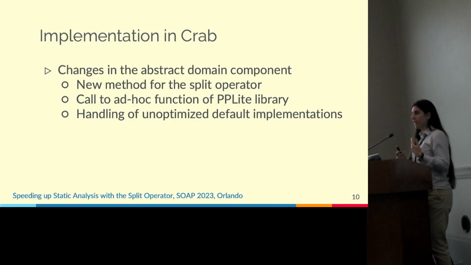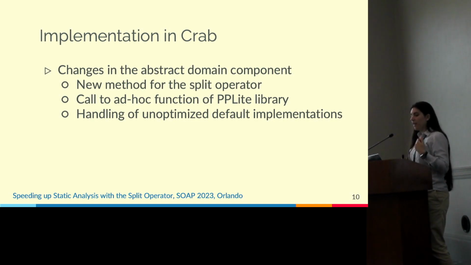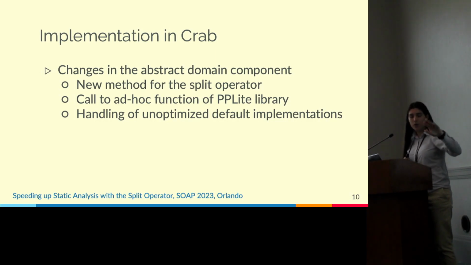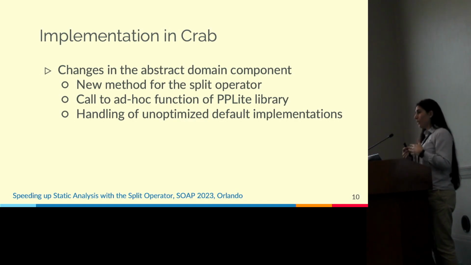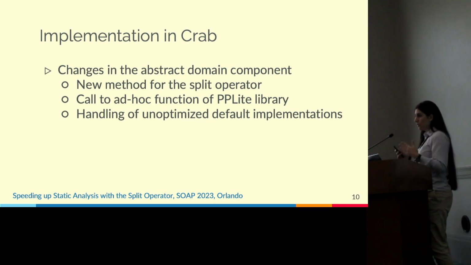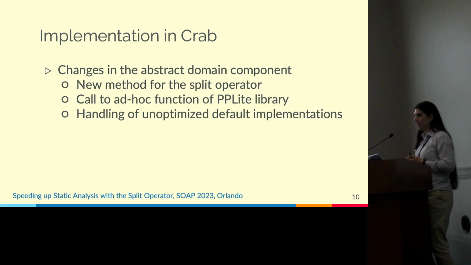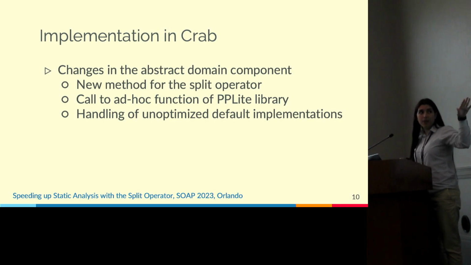So as for the introduction of the split operator inside this framework, we had to do two sets of changes. The first one were changes inside the abstract domain component. So, of course, we had to introduce a new method for the split operator in the abstract domains offered by CRAB, because there was no method for the operator, and this method resolves to an ad hoc call to the function implemented in the PP-Lite library.